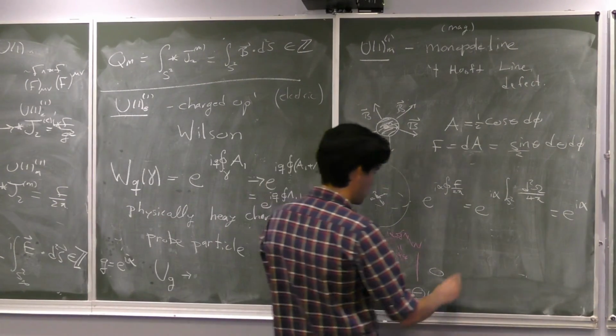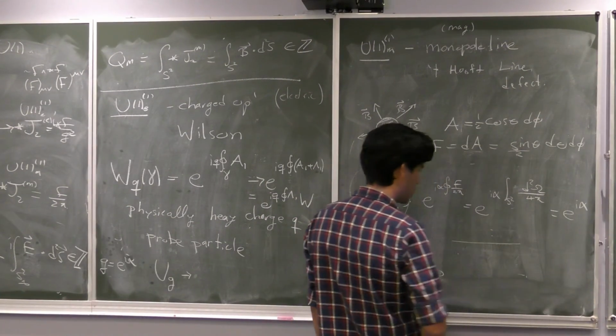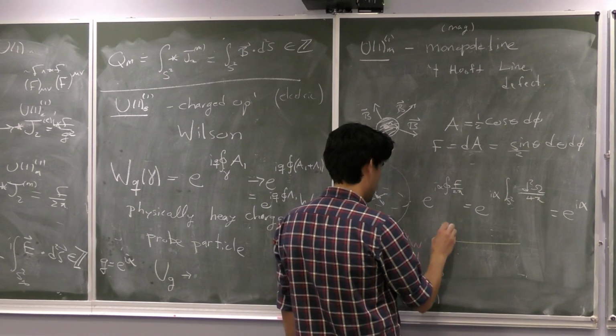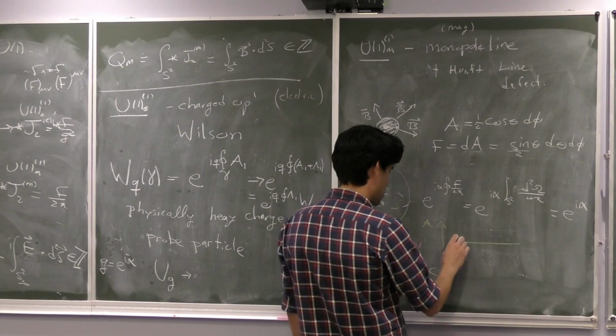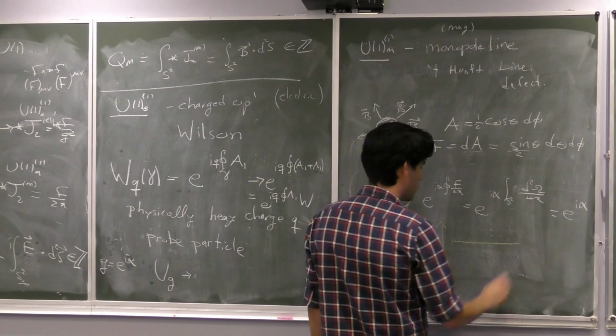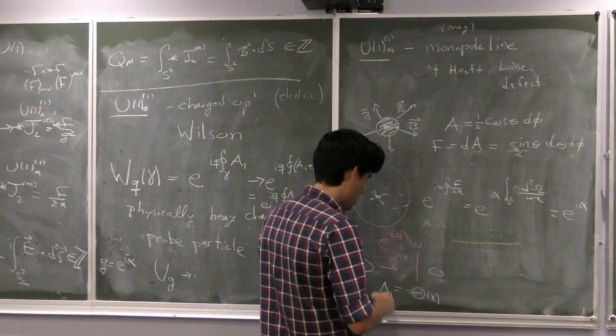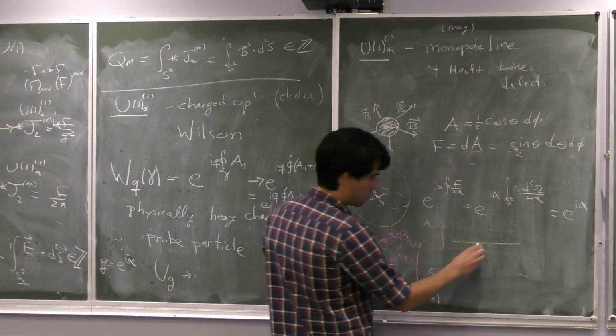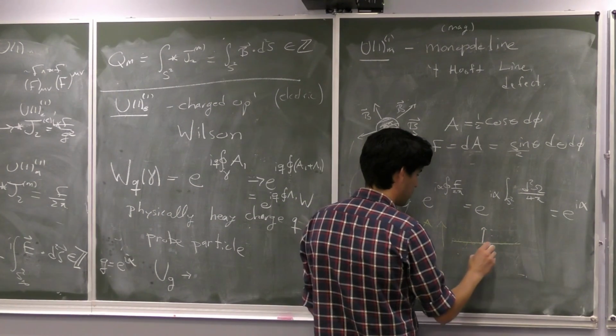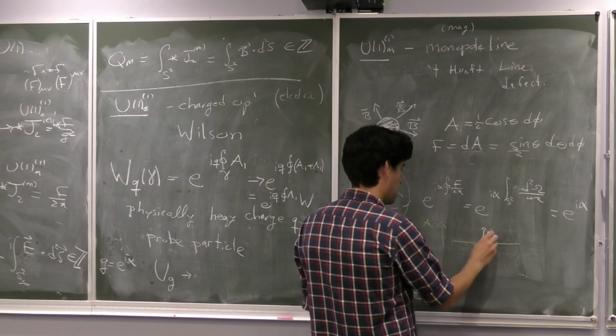So if you think about integrating the gauge field along some line, think of this as the gauge field. You know, there's some wiggles from the perturbations, but then when the symmetry defect operator actually intersects, what it does is it shifts everything up.